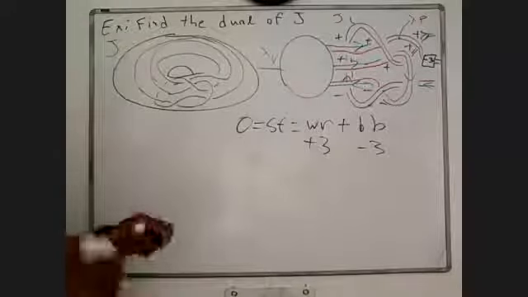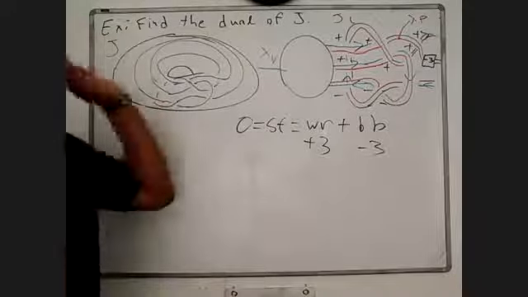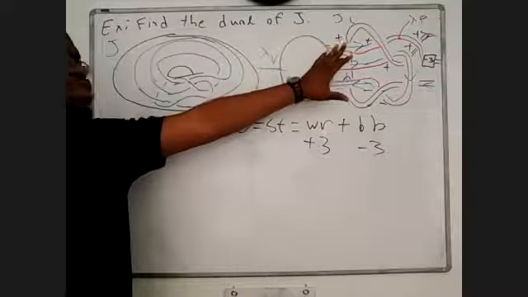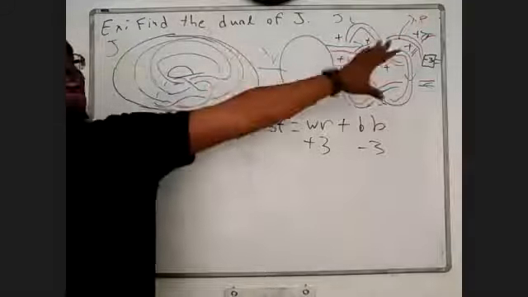So now we just isotope this picture until we get the dual on this side and the regular one on the other.